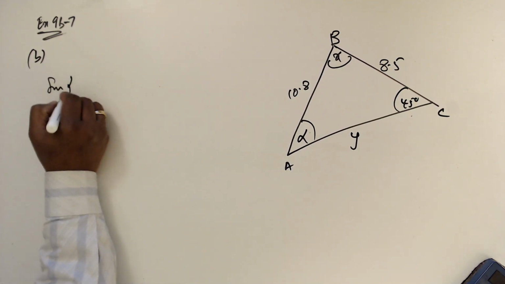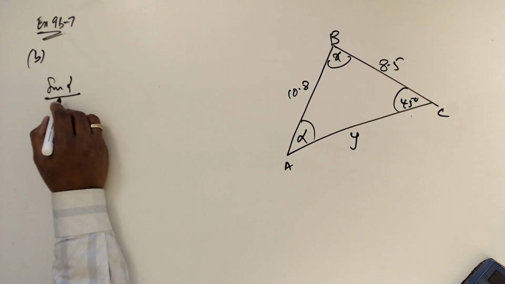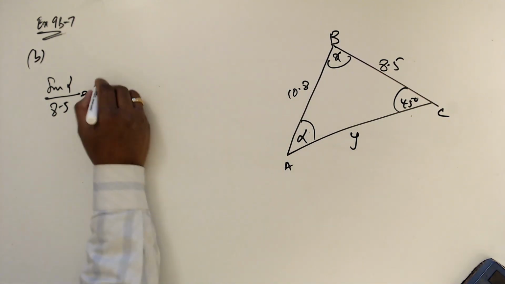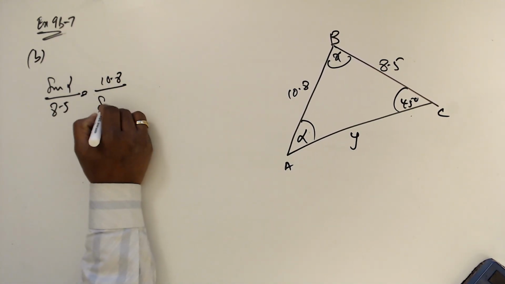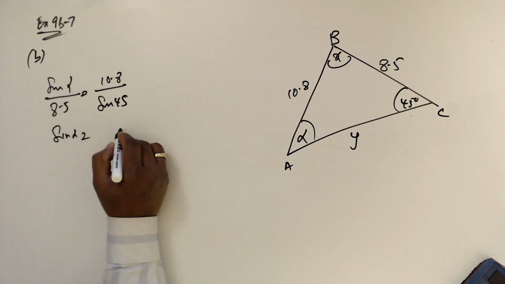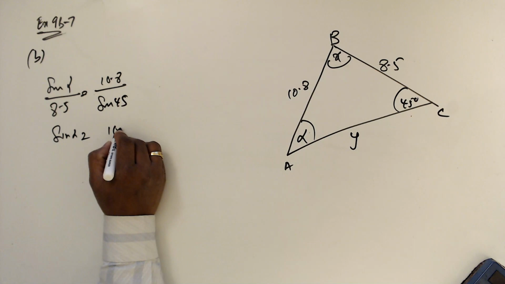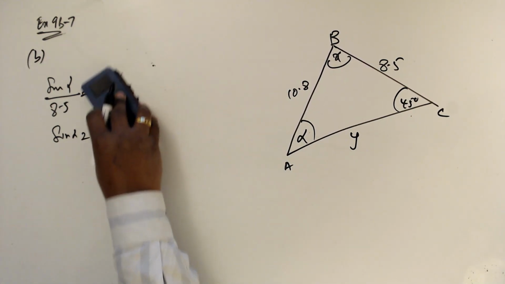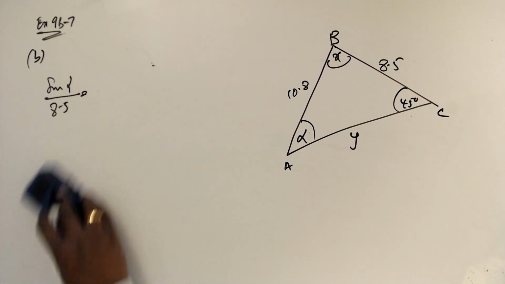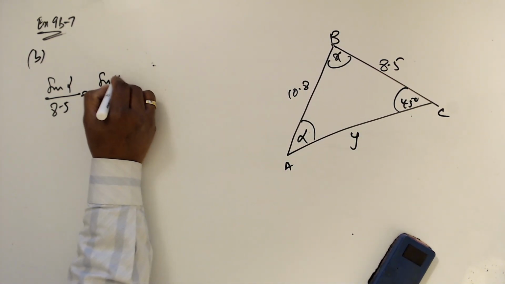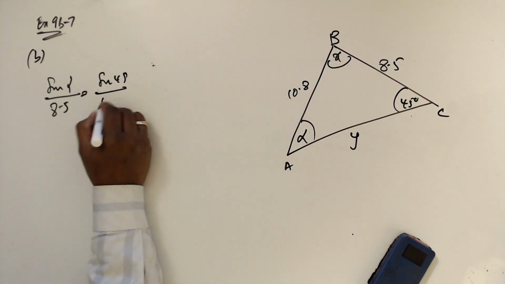So sine alpha over 8.5 equals sine 45 over 10.8.